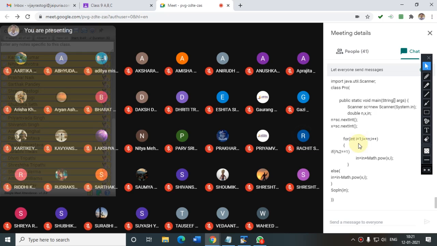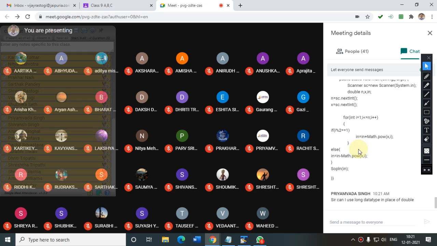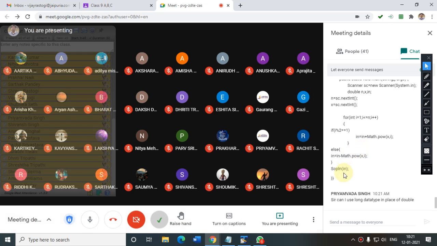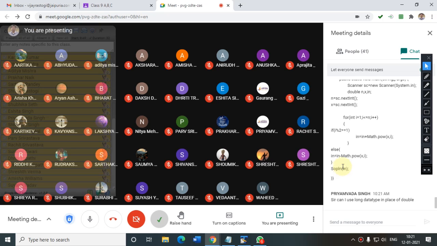Good. Yes, correct. Beta Abhyuday, Kavyansh, there is a very small mistake you have made. One curly brace is missing after the if condition and before SOPL. Rest is fine.